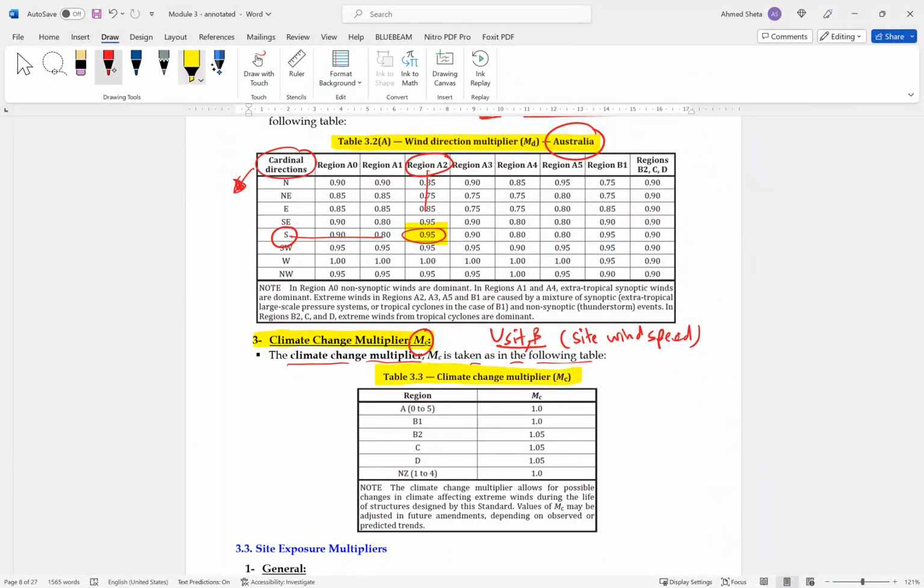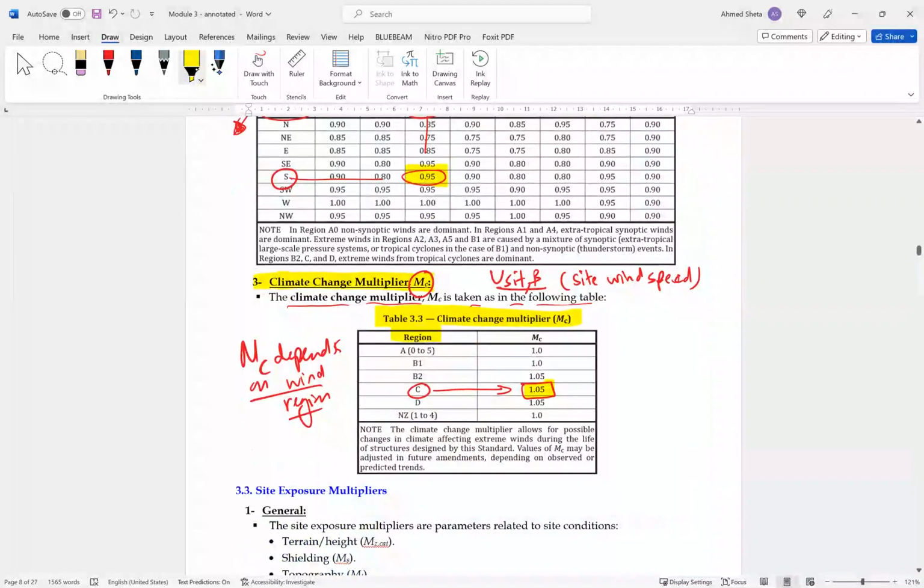So MC depends on the wind region. If you know the region, let's say again A2, or sorry, B2 or C, whatever the region is, this is 1.05. This is the climate change multiplier.